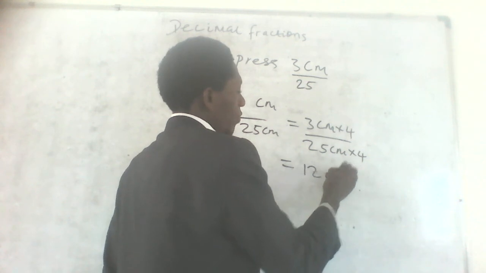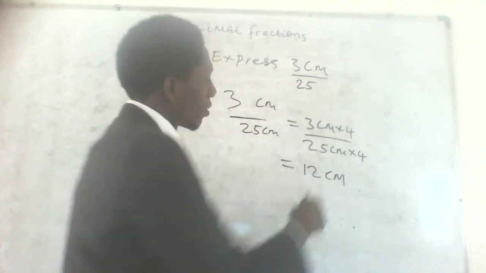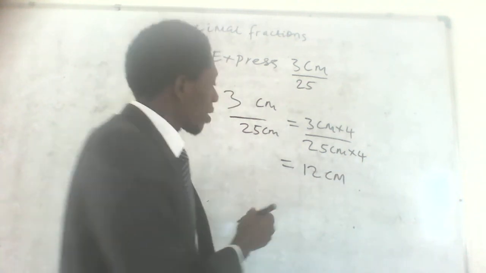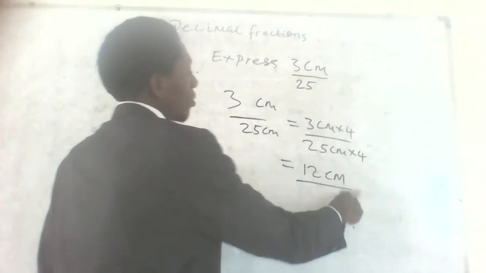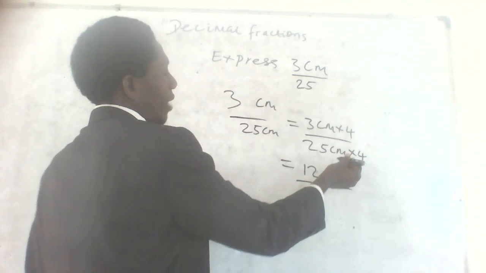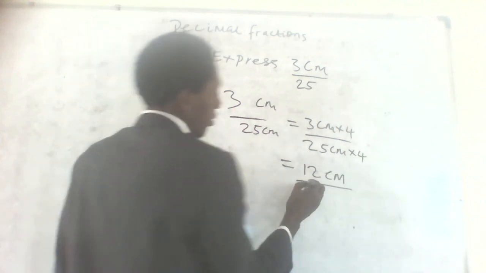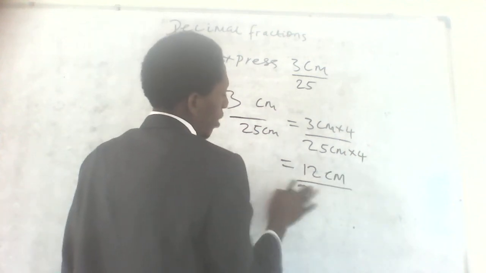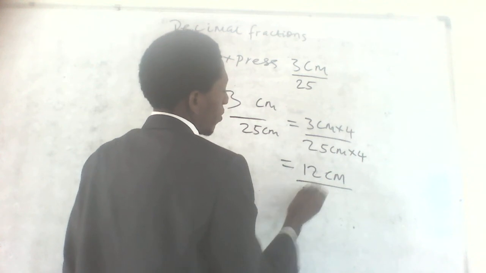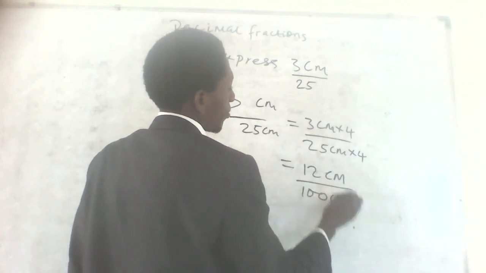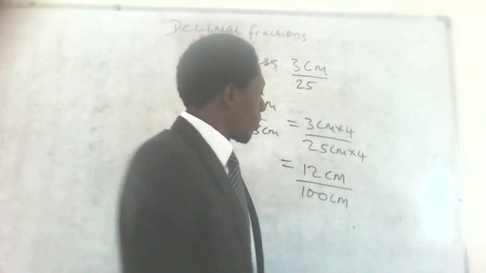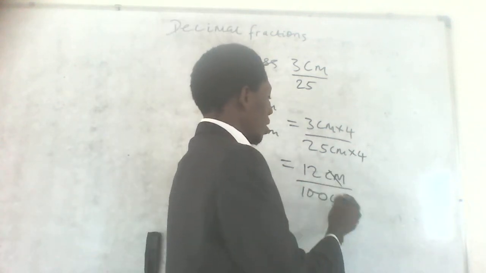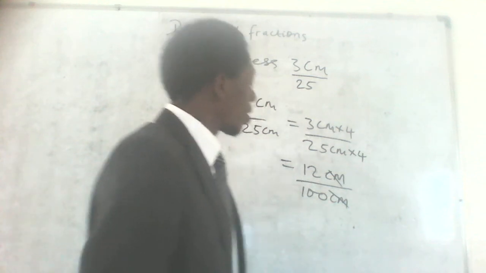So I will have 12 cm over 25 times 4 is 100, so I will have 100 cm. Okay, so now I'm going to cancel this same unit.